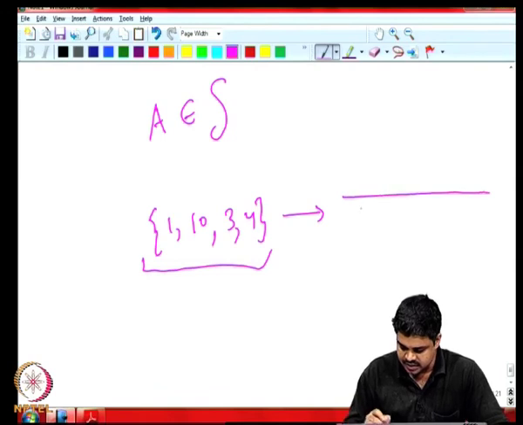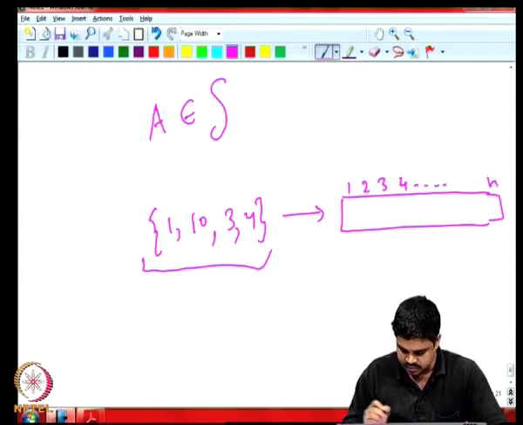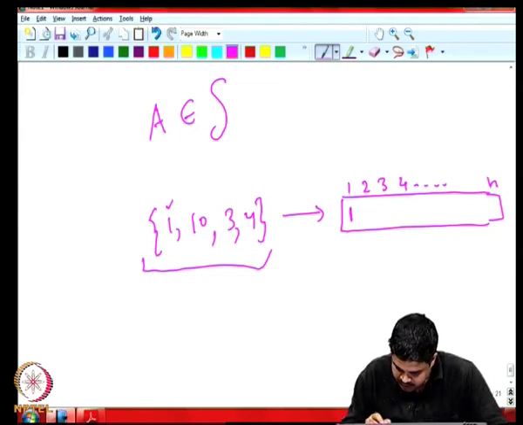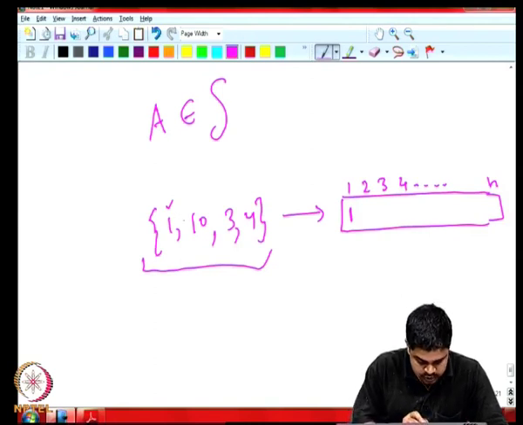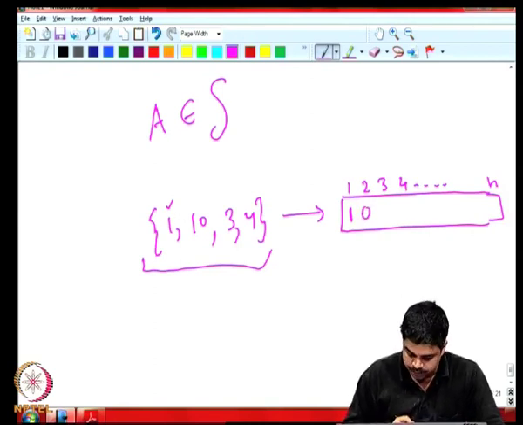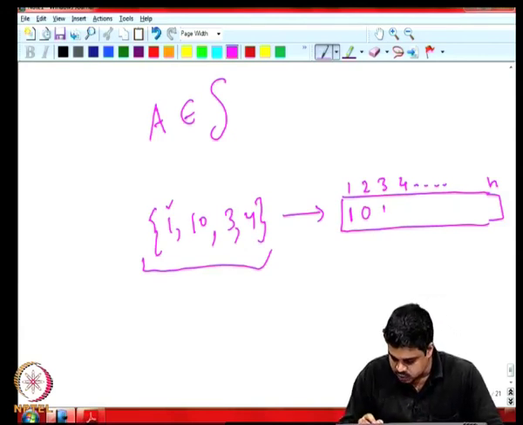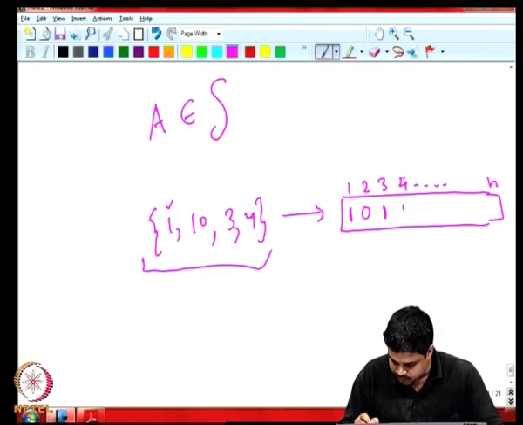This is the first position, second position, third position, fourth position, and this is the nth position. I see 1 here, so I put 1 in the first position. 2 is not here, so I put 0. Is 3 present? Yes, so I put 1. Is 4 present? Yes, I put 1.